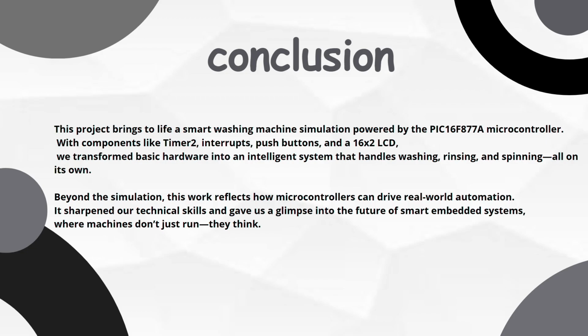All these help turn simple hardware into an intelligent system that could wash, rinse, and spin automatically without any human help. Beyond just building a simulation, the project showed how microcontrollers can automate real world tasks. It proved our technical skills and gave a preview of future smart systems where machines can think and act on their own.